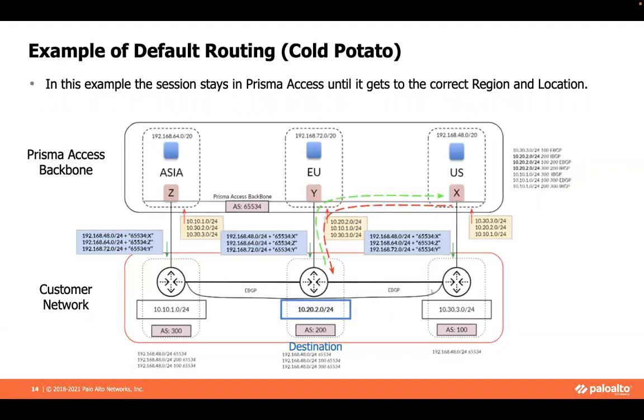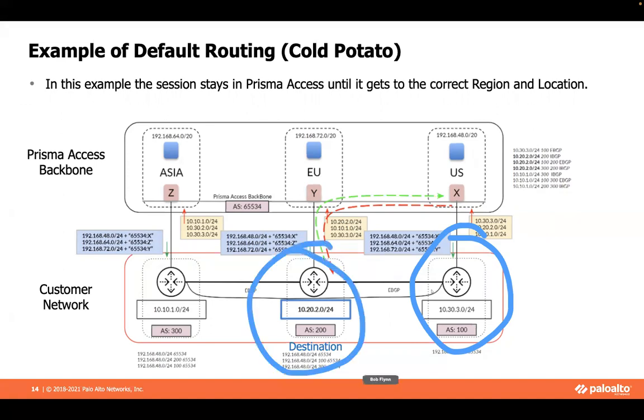So the way this would work is that, let's say I had a mobile user in the United States, or a user in a remote network in the US, that needed to talk to a user in Europe. The default path using our default routing, or cold potato, as some people call it, would be that we would go through the remote network SPN.